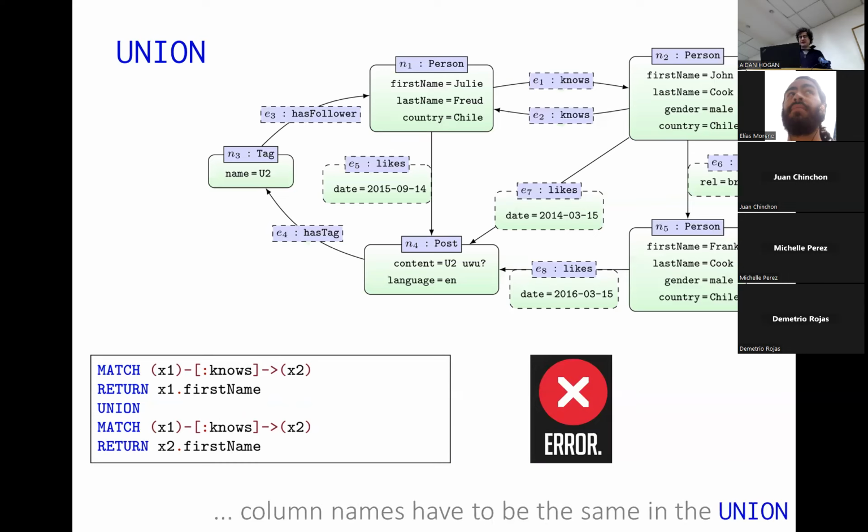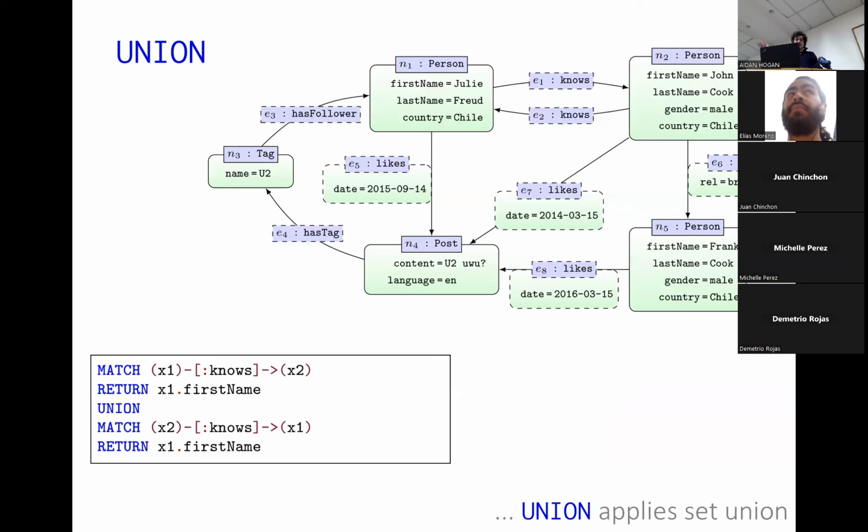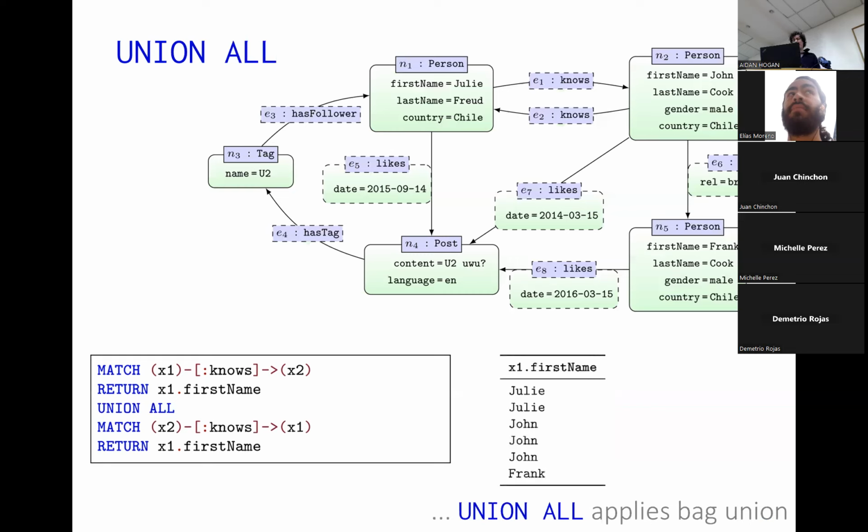So column names have to be the same in the union, much like in SQL. So what we would have to do, the easy solution, we could also use as, but we just swap the 2 variables. And then union will apply a set union, so we'll just get each result once. If we want to return duplicates, how would we do it in SQL? It's called union all. So we can apply union all as well, and we get the same thing as we would expect from SQL. We preserve the duplicity of the results.